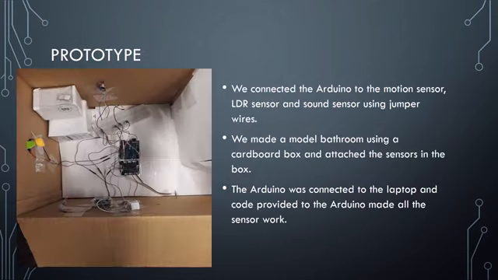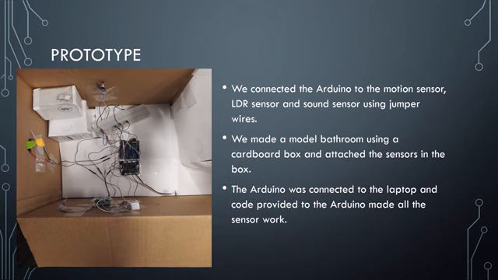And next we go to the prototype. Here's our prototype on the left side of the image. As we can see, there are two main chips. One is the Arduino and the other is an extension which connects to the motion and LDR sensors. Above that we can see a big white plate.